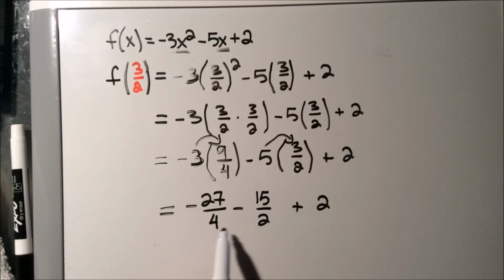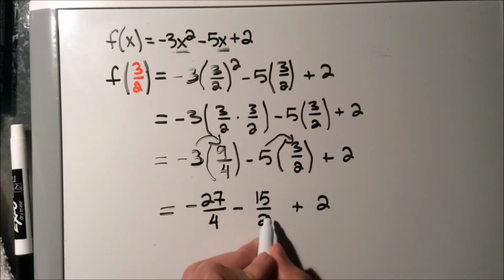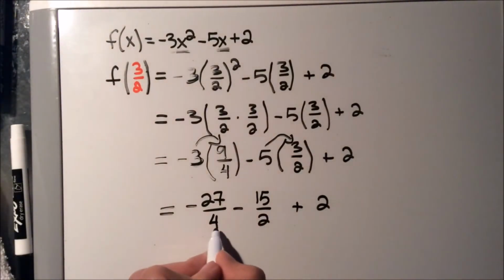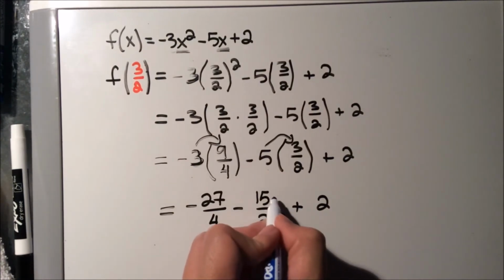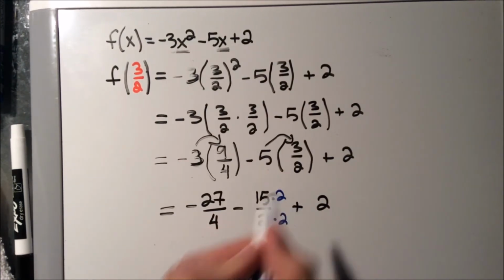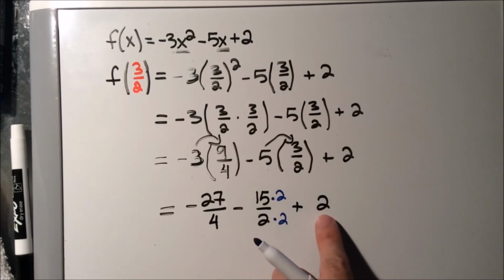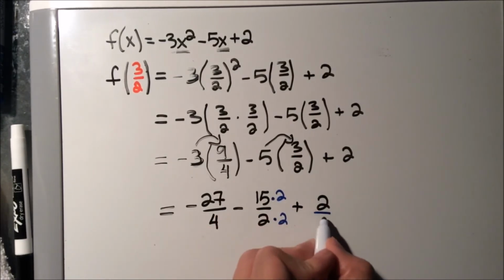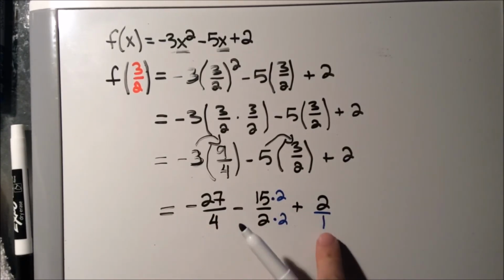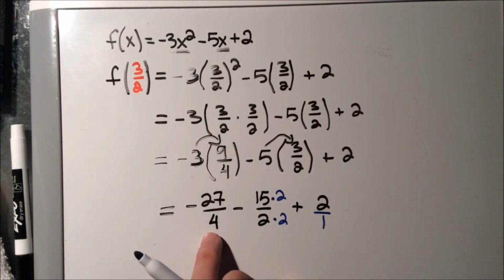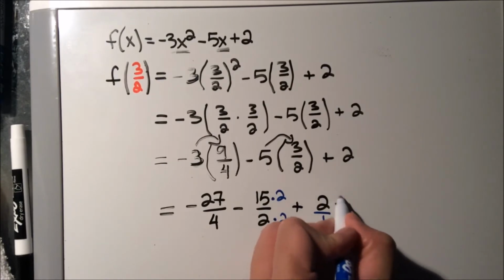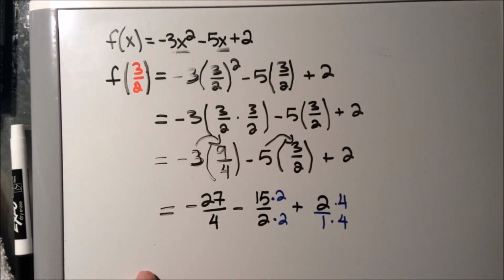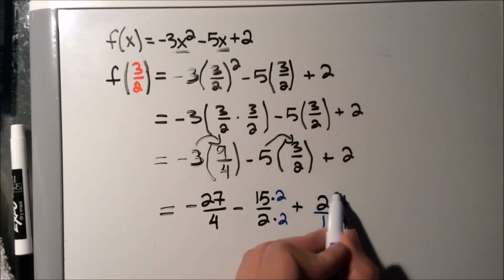In order to change this to 4, I would multiply it by 2, and I have to do the same thing to the numerator. To change this whole number into a fraction, simply put it over 1. And now I need this one to become 4, so I'm going to multiply that by 4. Again, we're multiplying top and bottom.